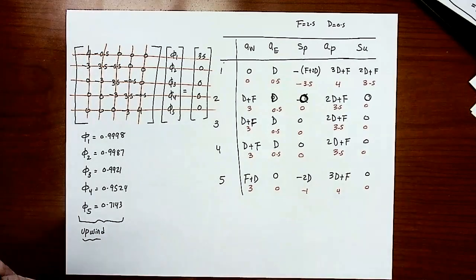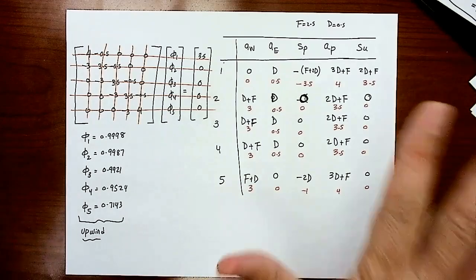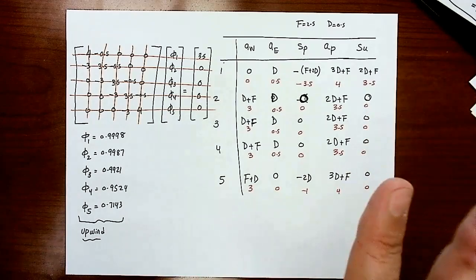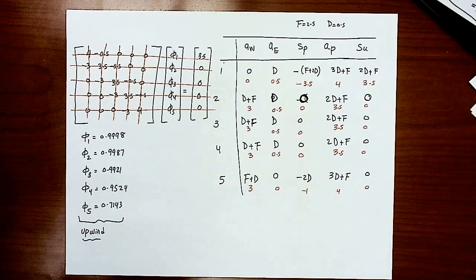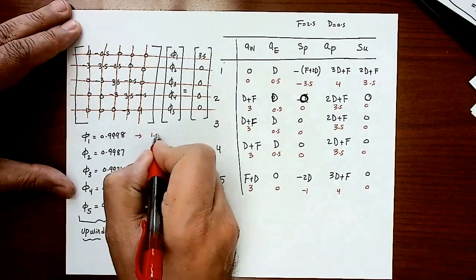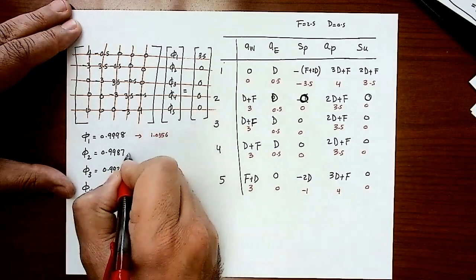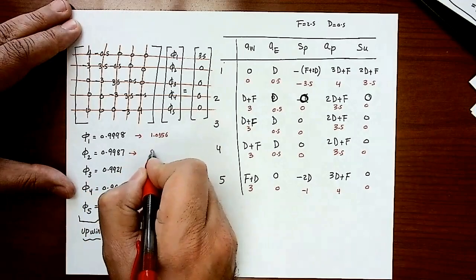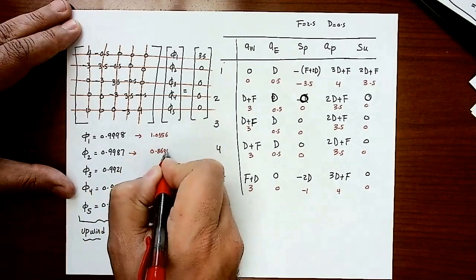If you recall, for the same example, when we used the central differencing scheme, what were the values? We got 1.0356. This one was actually 0.8694.